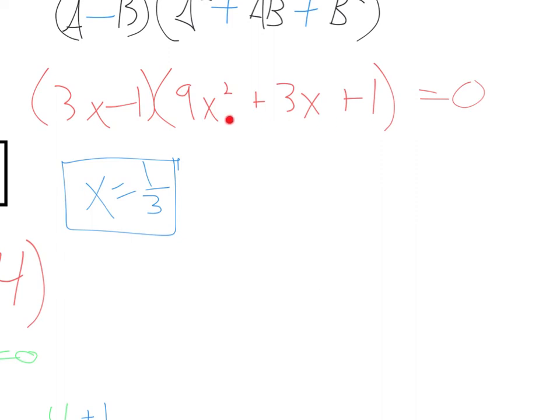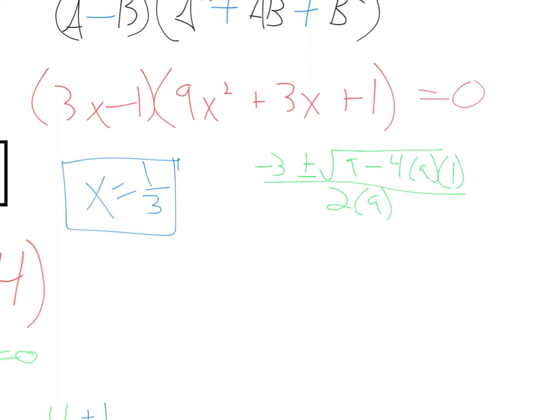And now I need to solve this quadratic. Well, this 9 is kind of ruining my fun, so I don't think I'm going to do completing the square, which means I guess I'll do quadratic formula. So opposite of b plus or minus square root of b squared minus 4ac, so 4 times 9 times 1, whole over 2a, so 2 times 9.